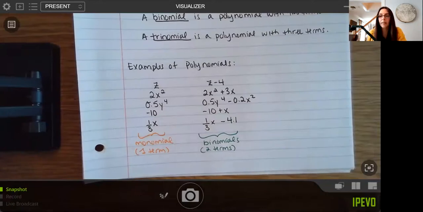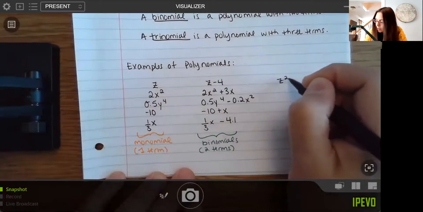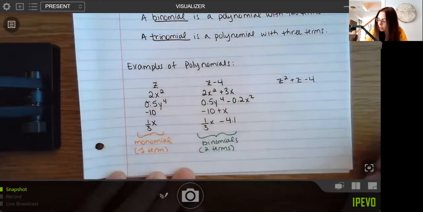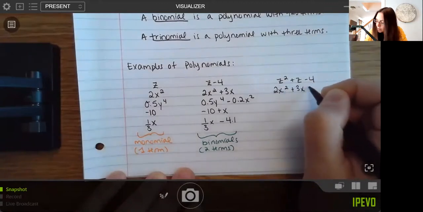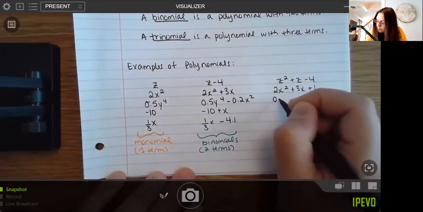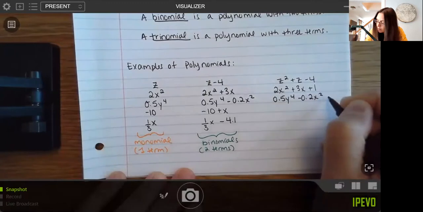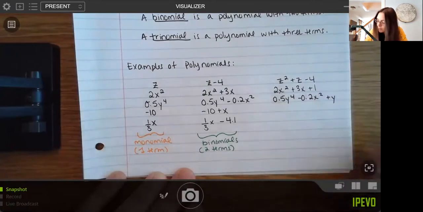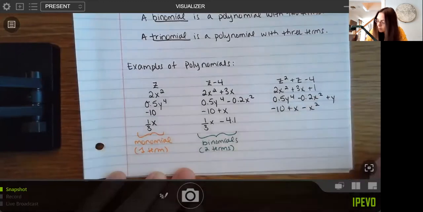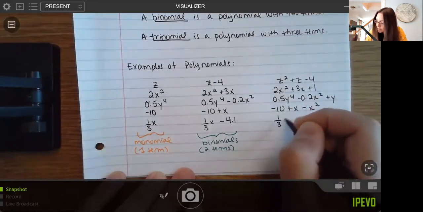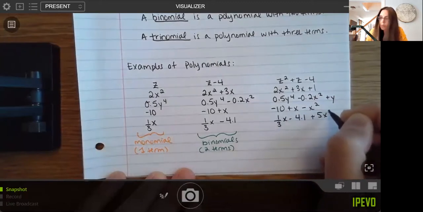And of course, you could have examples that have more than two terms. So maybe I have something like z squared plus z minus 4, bringing in three terms, 2x squared plus 3x plus 1, 1/2 y to the 4th minus 2/10 x squared plus y, -10 plus x minus x squared, or maybe 1/3 x minus 4.1 plus 5x cubed.